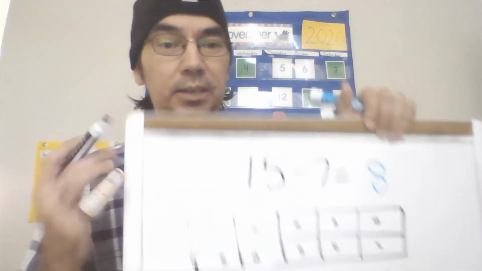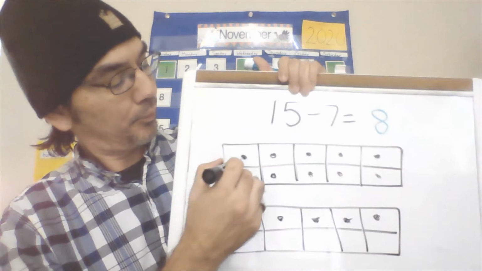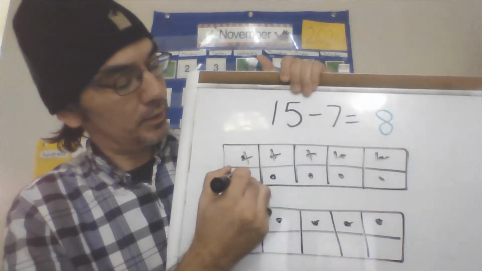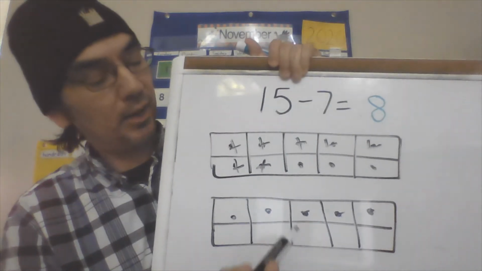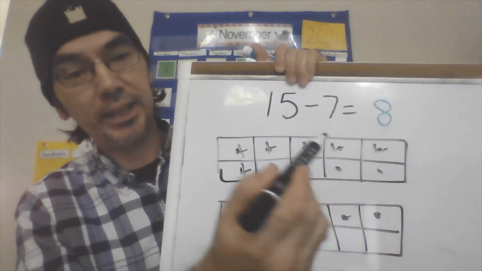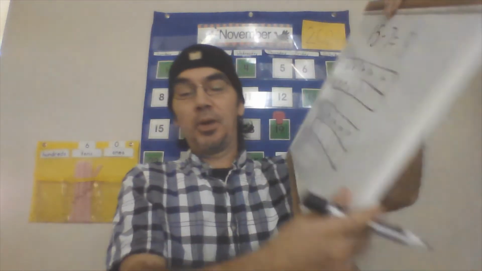Now I'm going to cross out 7 of those. 1, 2, 3, 4, 5, 6, 7. And then I count what's left. 1, 2, 3, 4, 5, 6, 7, 8. So all of these strategies work. All of these strategies can be used. It's up to you which ones you want to do.